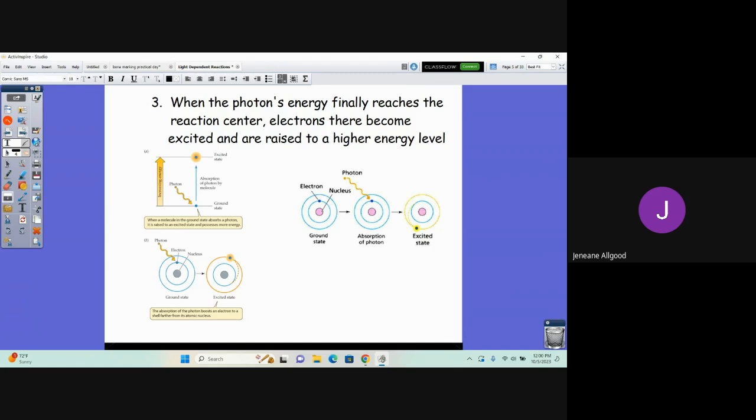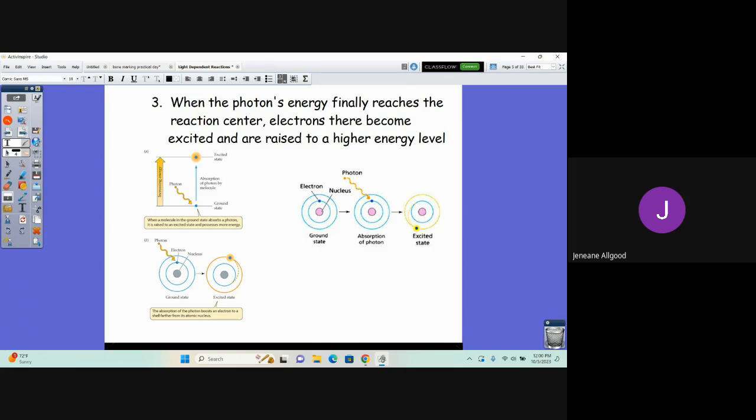It's a photon. So when it gets to the reaction center, it's enough energy that it's going to knock 2 electrons loose from that chlorophyll A molecule in the reaction center, and it's going to raise those electrons to an excited state. And so I kind of think of that excited state as like children on a sugar high, okay? We know that they can't stay up there for very long.